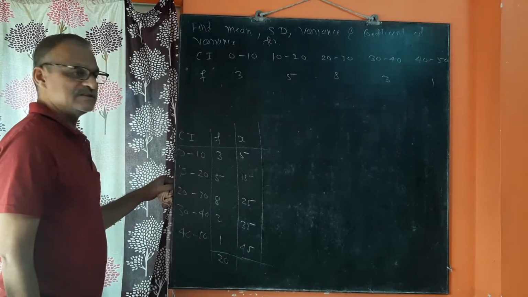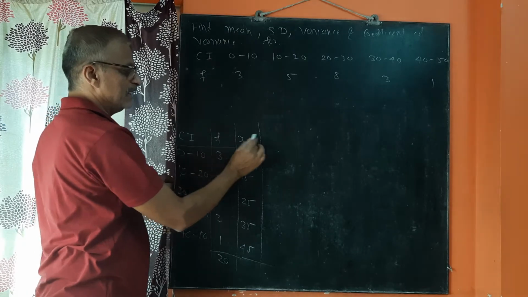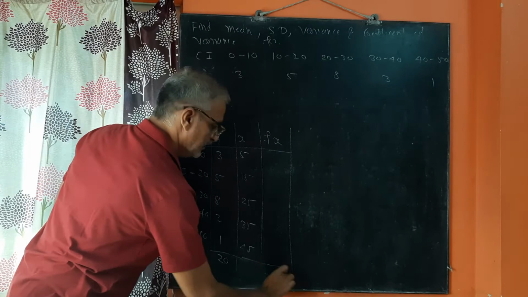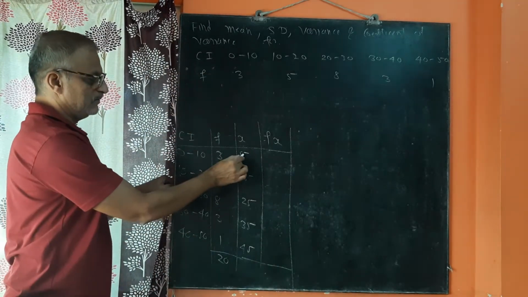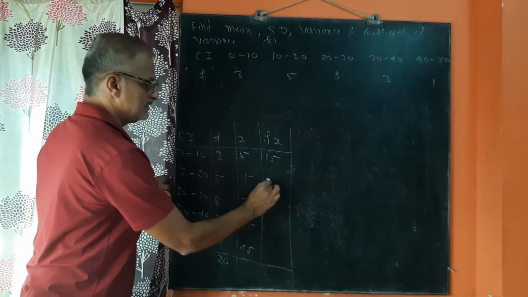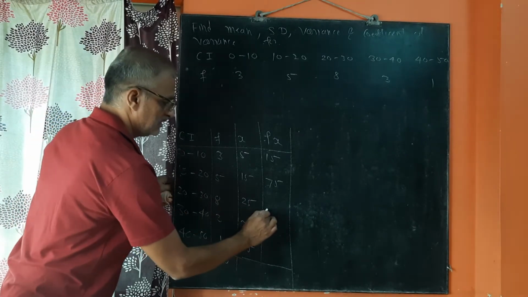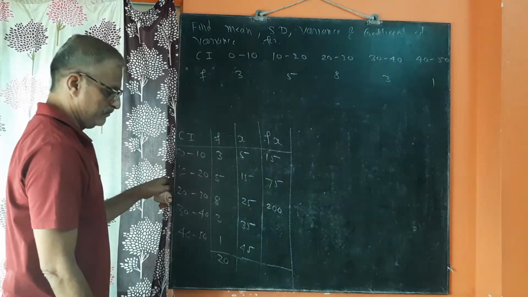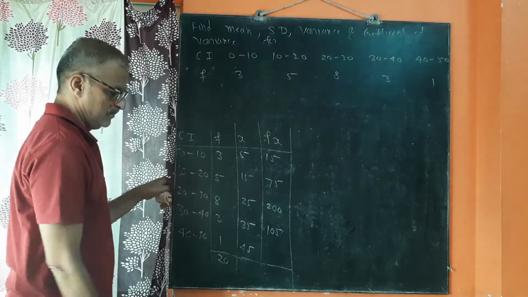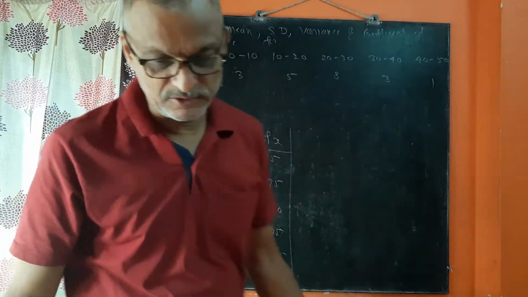Now the next column is for the mean. For mean we require f into x. Let us find out f into x. 5 into 3, that is 15. 15 into 5, that means 75. 25 into 8, that is 200. 35 into 3, 105. 45 into 1, 45.